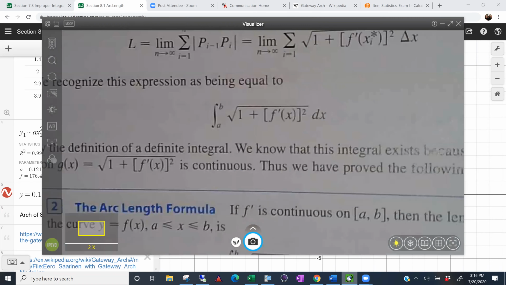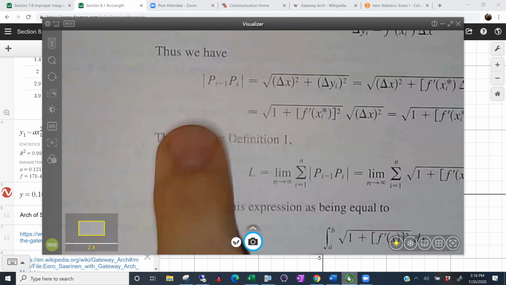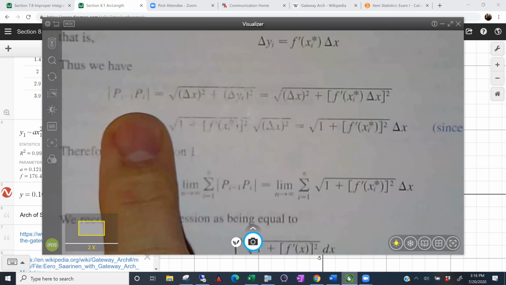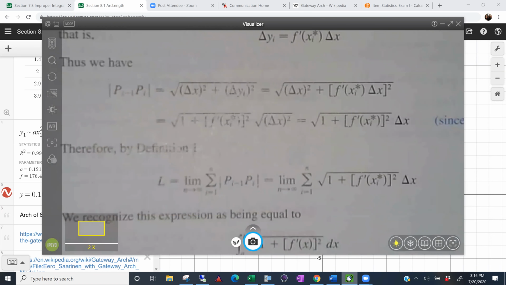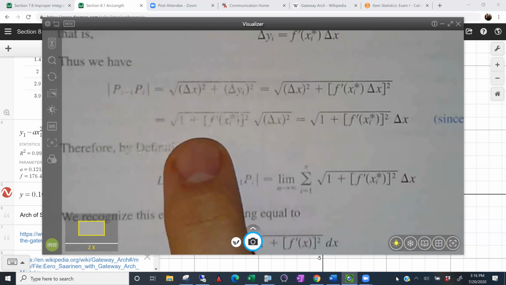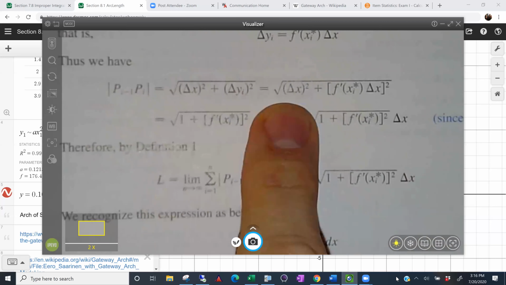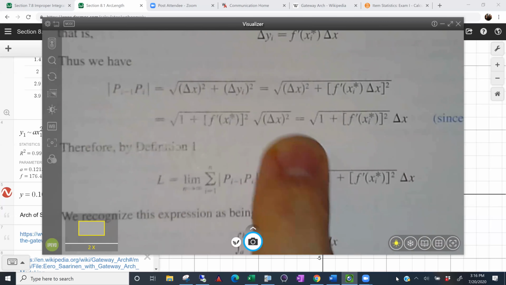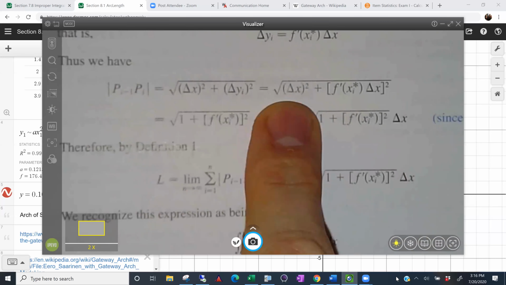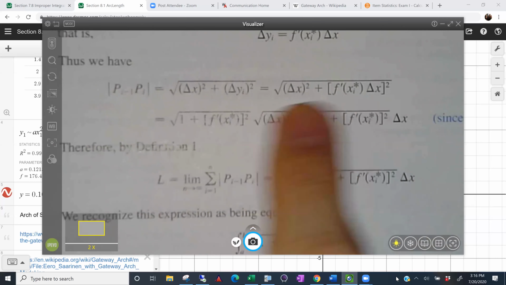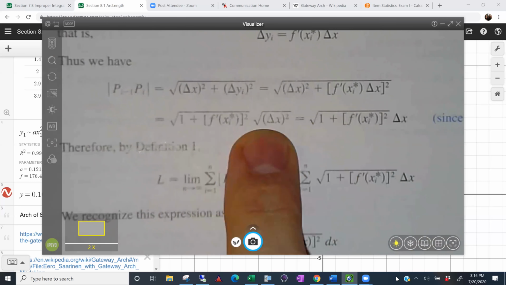And then we're going to rearrange that a little bit. We're going to take that expression and divide out a delta x term. So let's see, where is that? Yeah, we're going to factor out a delta x term. And it's going to look like this.